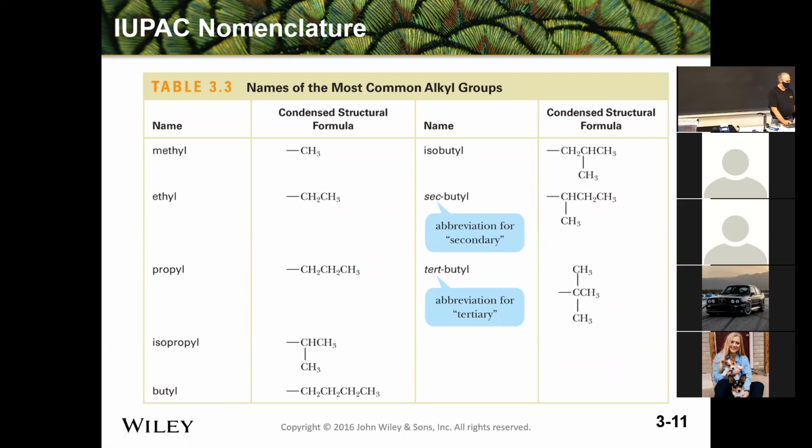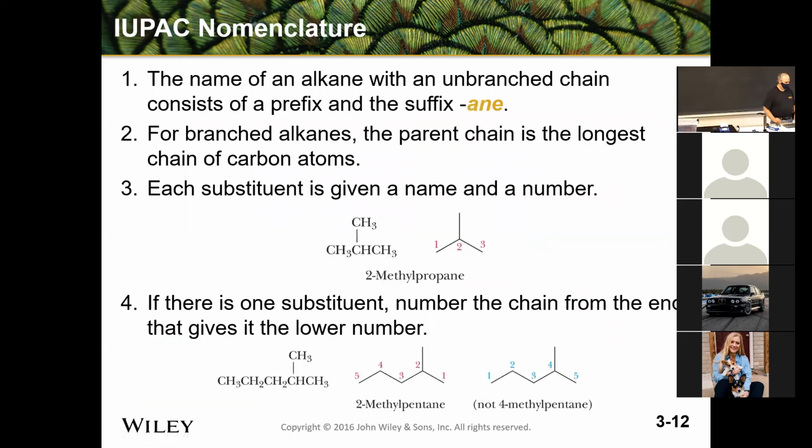A parent compound will end in ANE, but a substituent will end in YL. So something like this is 2-methylpropane, not 2-methanepropane.